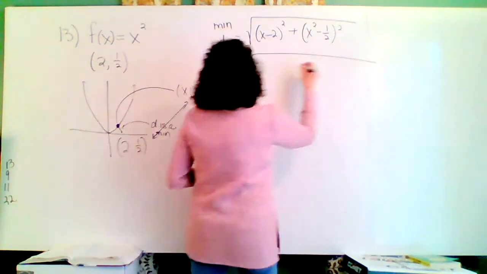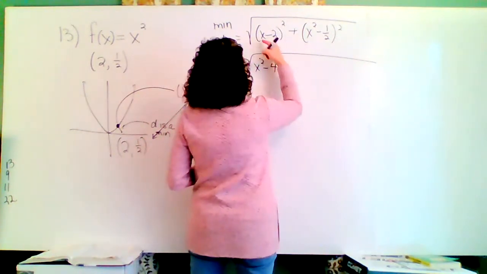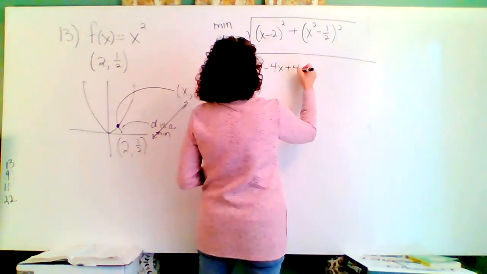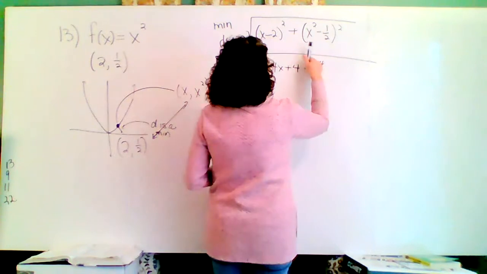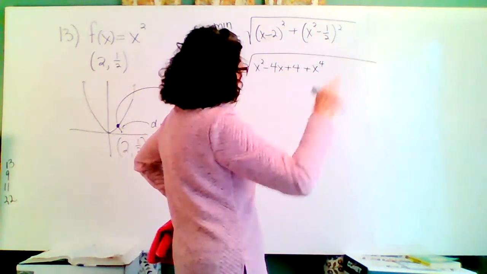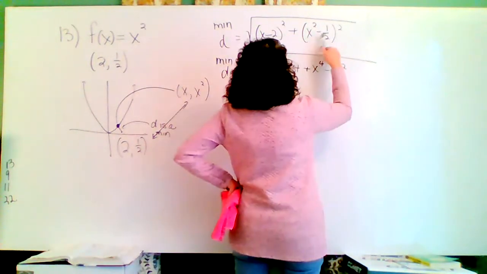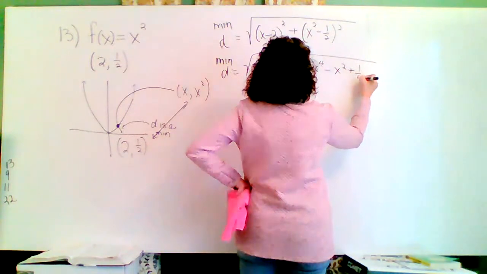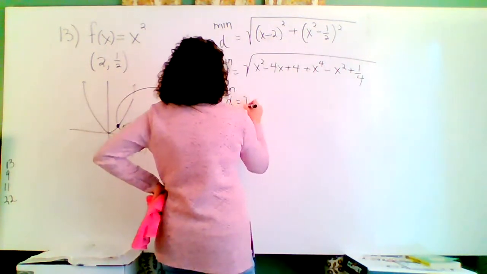Let's see. I'm going to square both. x squared minus 4x, right, plus 4. Plus, this is going to be x to the 4th. And let's see, that would be minus 1/2 x squared minus 1/2 x squared is minus x squared. And then plus 1/4. Okay, clean this up a little bit more. Let's see.